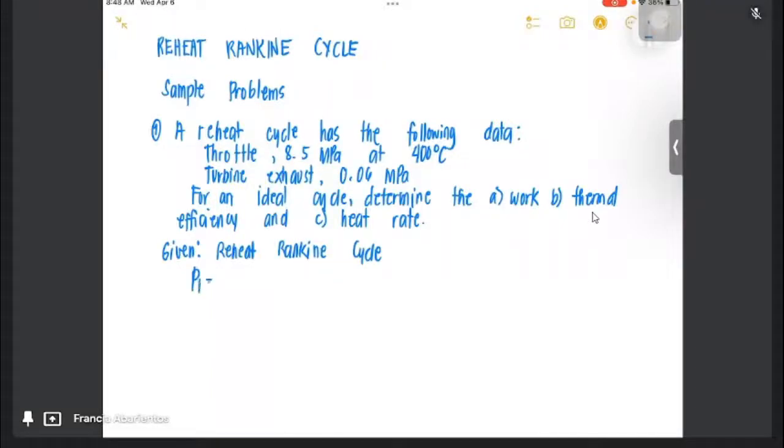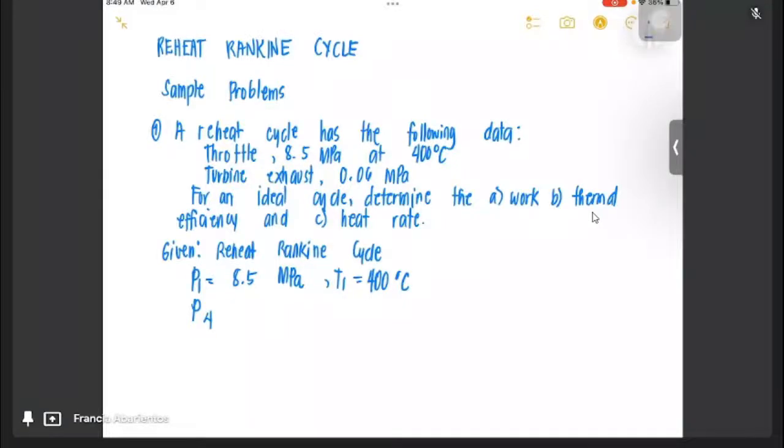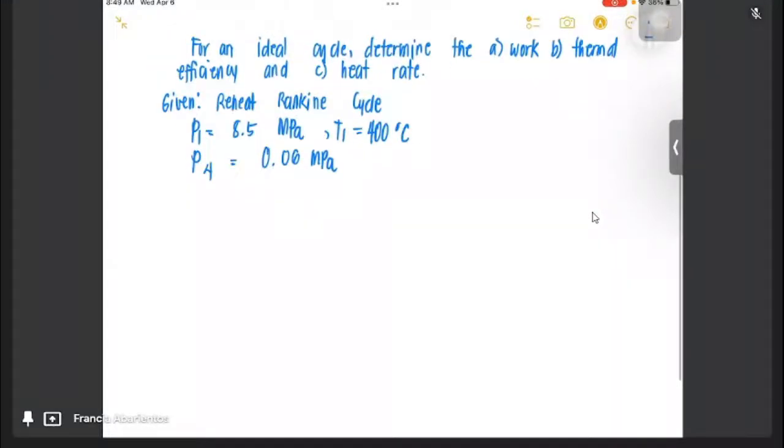We have pressure at point 1, 8.5 megapascal, 400. And also the turbine exhaust, or since this is a reheat Rankine, this is now pressure 4 for the condenser before entering the condenser pressure. So we have MPa.